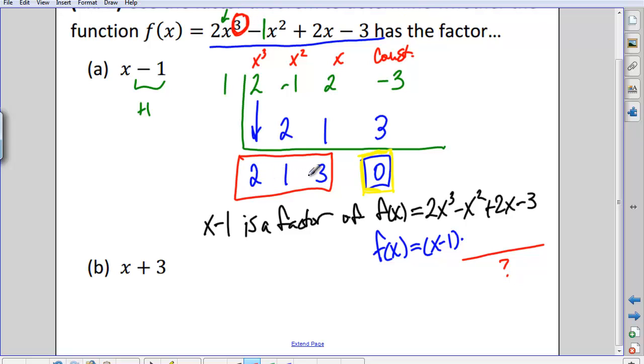So these right here, these are coefficients of a second degree polynomial. In other words, that's 2x squared plus 1x plus 3. And now you can see we're beginning to factor that polynomial using synthetic division. Okay, and we'll get into that more here in just a little bit.